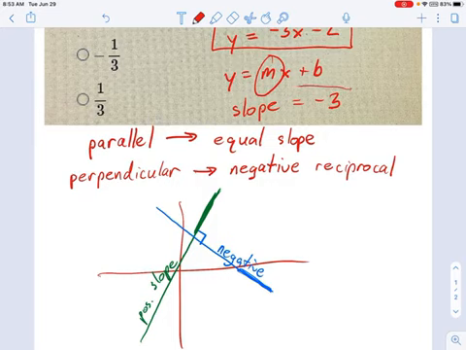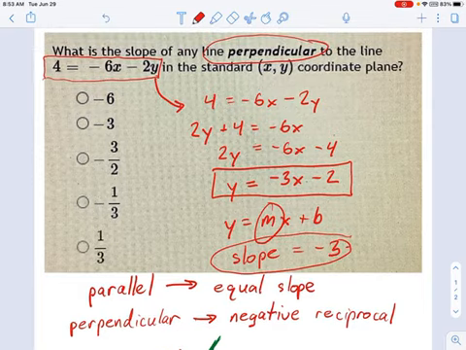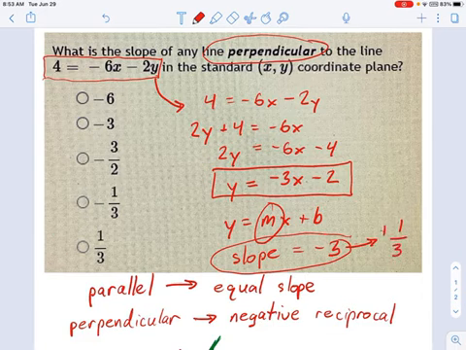So, slope of negative 3. What's the negative reciprocal of negative 3? Well, we flip it upside down, we turn it into 1/3, and we take away the negative sign and turn it into a positive sign. So the perpendicular line is going to have a slope of 1/3, not negative 3. It's the perpendicular line because it's a negative reciprocal.